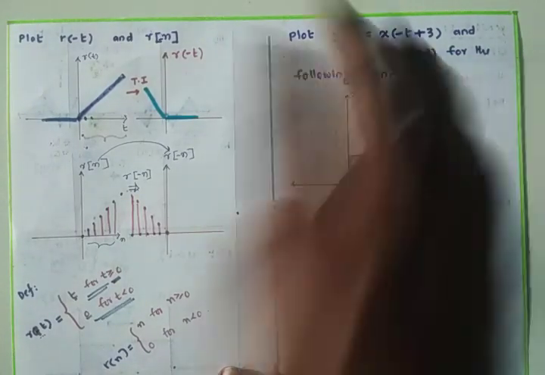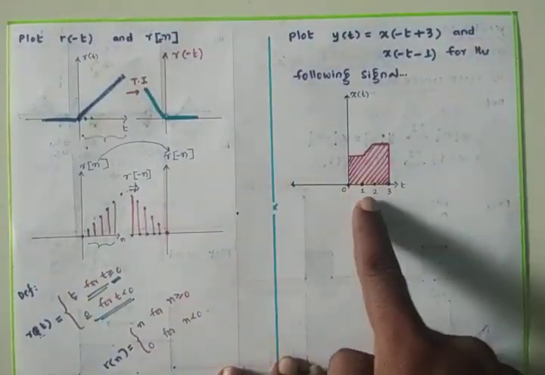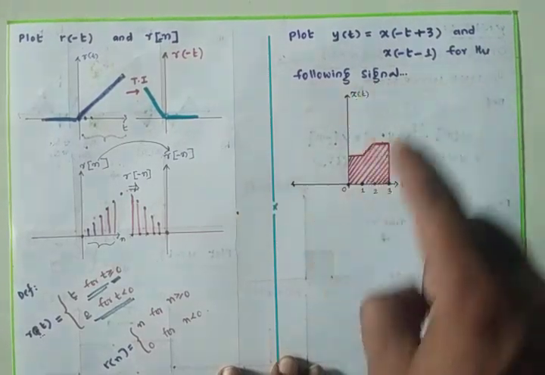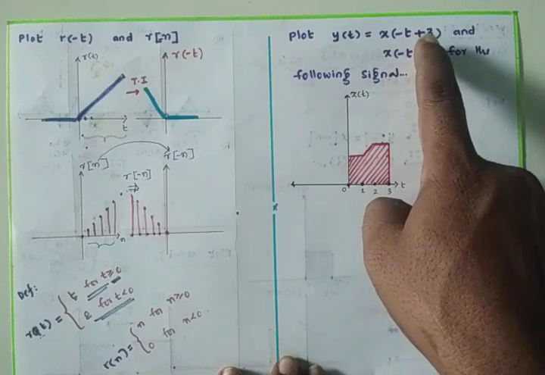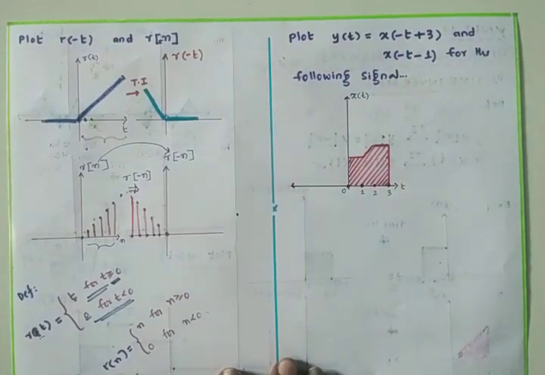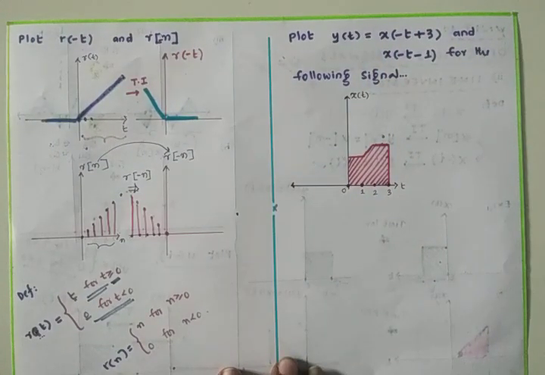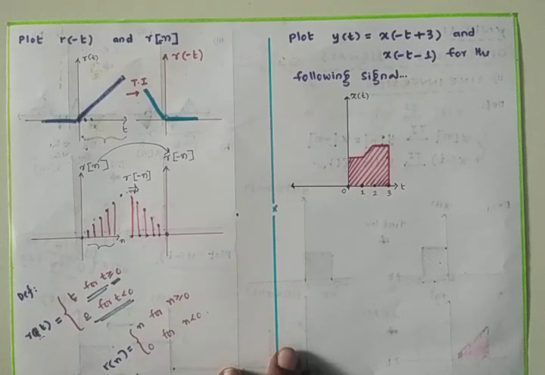This is x of t, and for this we have to plot x of minus t plus 3. I am going to solve this question, so everyone be very careful.